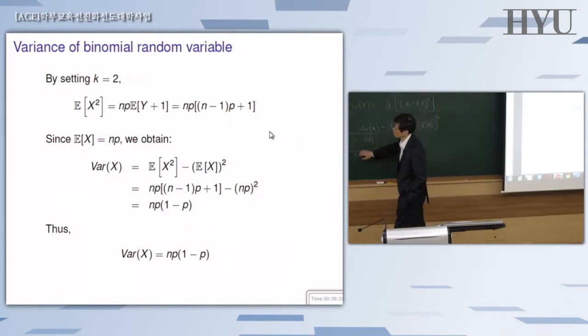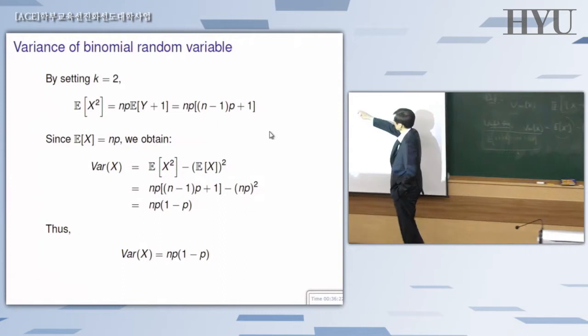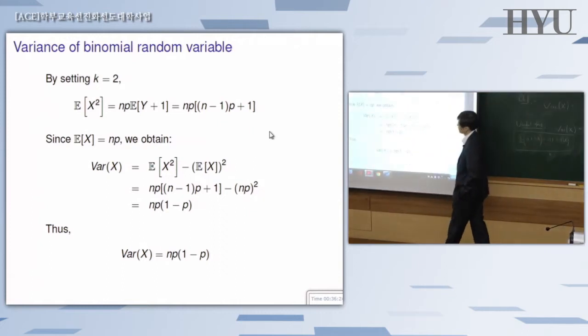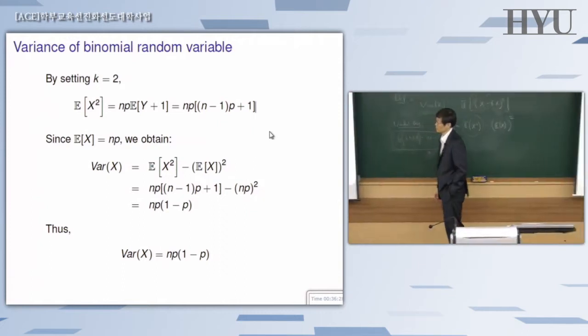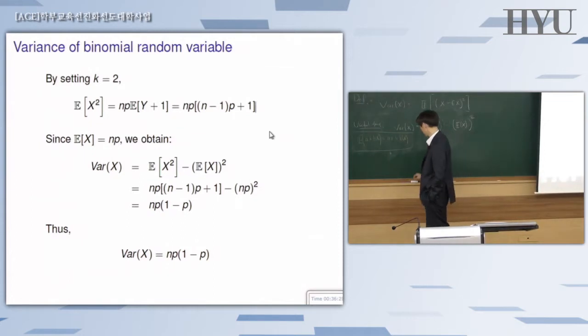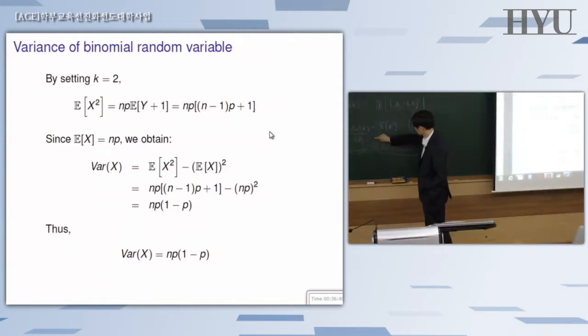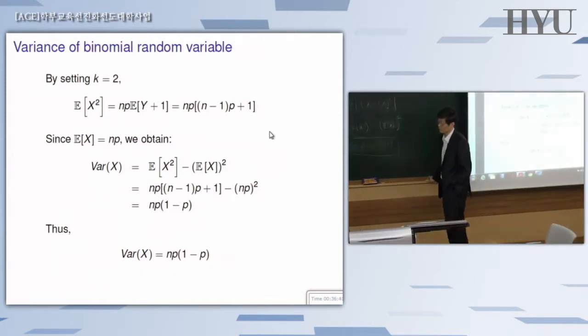So you're applying this one to first this, but then E of Y plus 1 is nothing but E of Y plus 1. So because of this, we do have this. Right, quite simple.